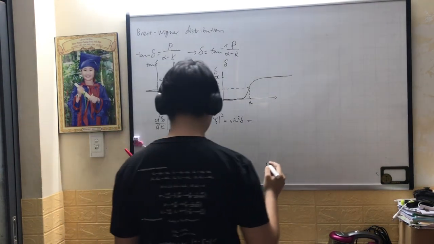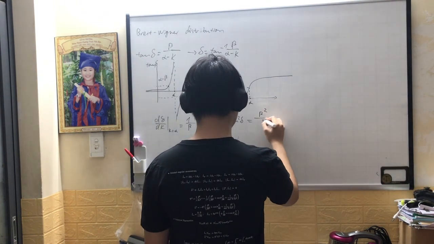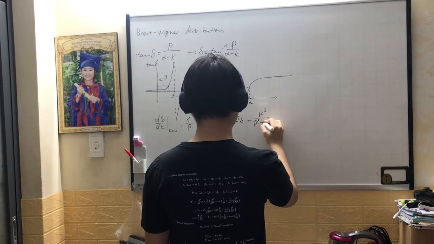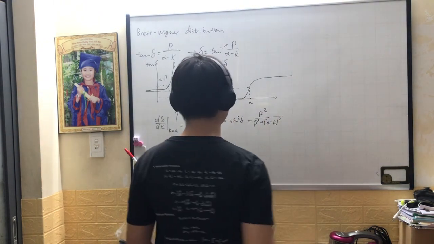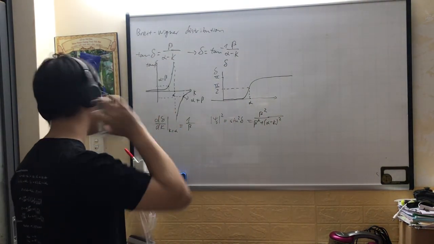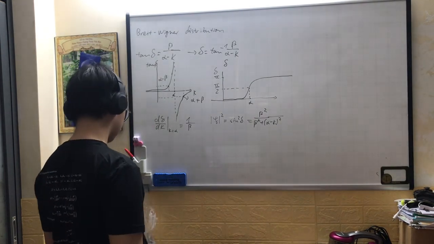Sine square delta would be beta square over beta square plus alpha minus k squared. Right, so that would be your scattering probability.